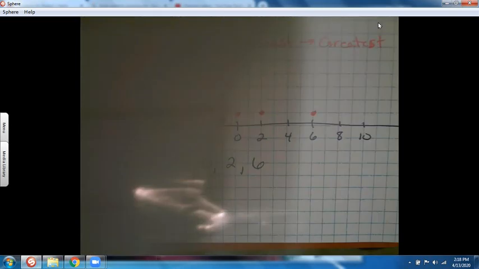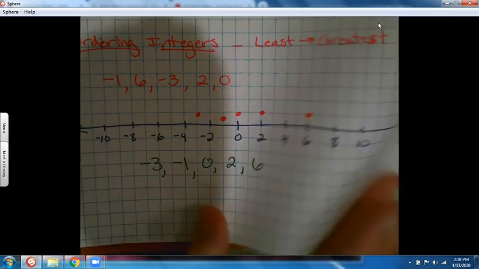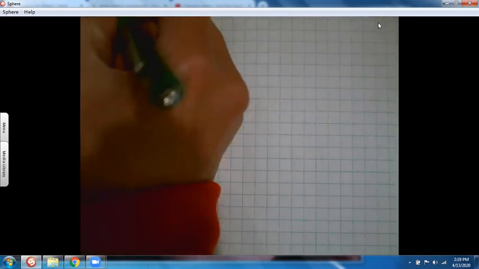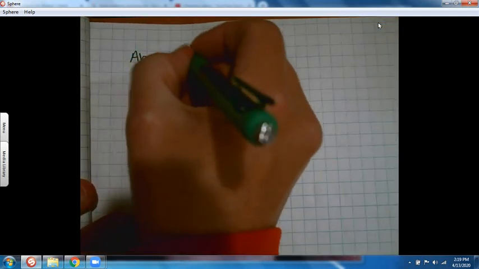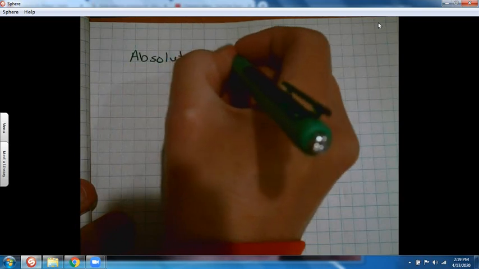Okay. The last thing we're talking about, this is where people might get confused. Never mind, not might. People do get confused, is with something called absolute value. Okay, people get absolute value and opposites mixed up all the time.